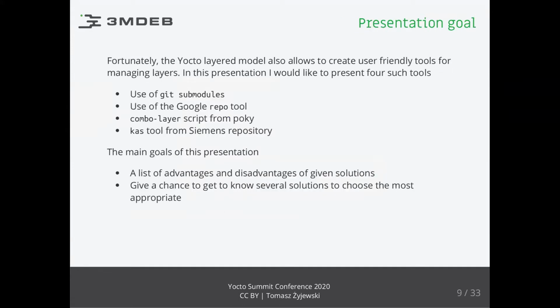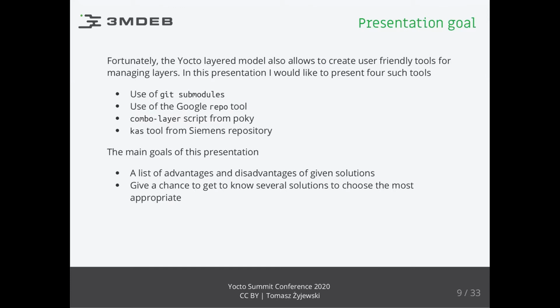Fortunately, the Yocto layered model also allows us to prepare user-friendly tools for managing layers. Some of them allow you to prepare the appropriate repositories needed in the project, like cloning the repositories and making the checkouts to the correct revisions. And others go deeper into the OpenEmbedded build system and allow you to modify configuration files like bblayers.conf and local.conf.